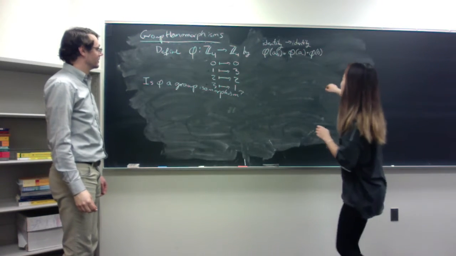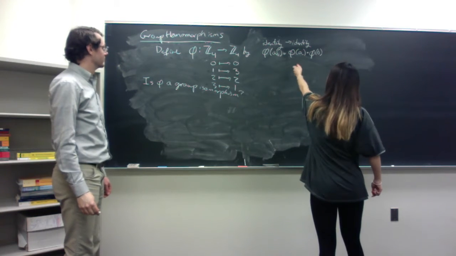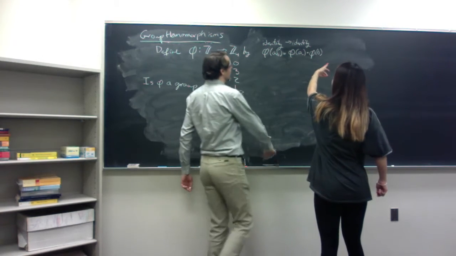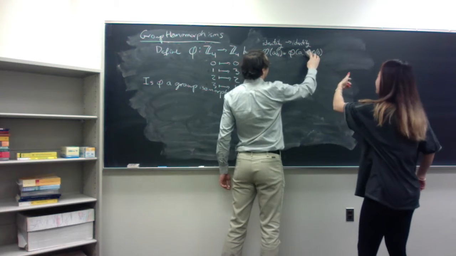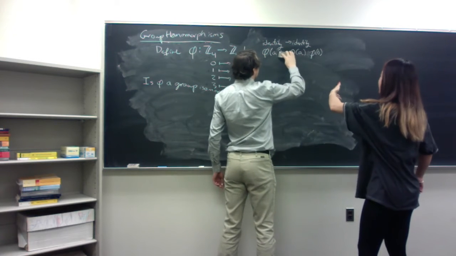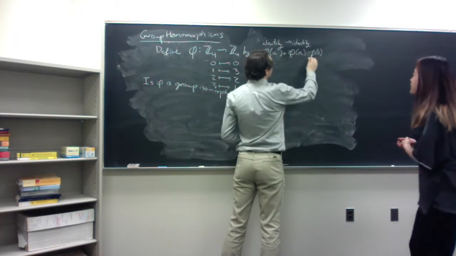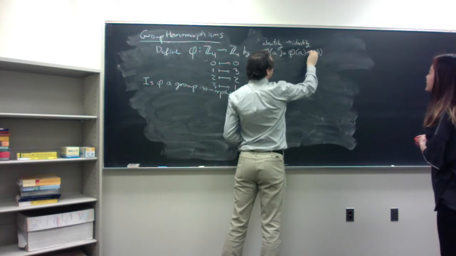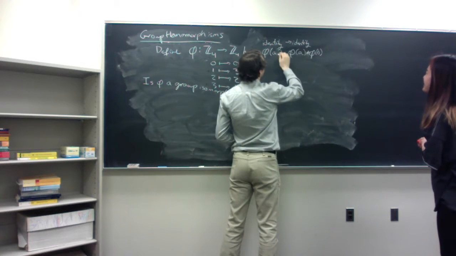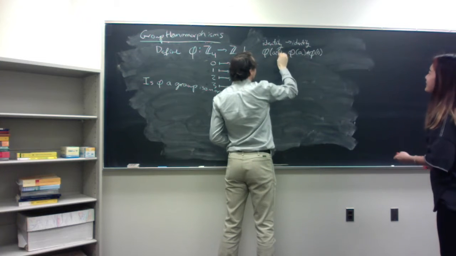Maybe we want phi of A star B equals phi of A dot phi of B, because we are supposed to have two kinds of operations, or they can be the same operation, but it can also be two different ones.